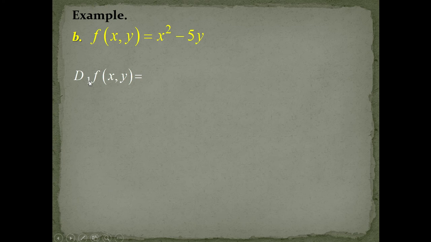Since we are asked to find D1 of x, y, this is just the limit of, using the formula, f of x plus h, y minus f of x, y, divided by h as h approaches 0.